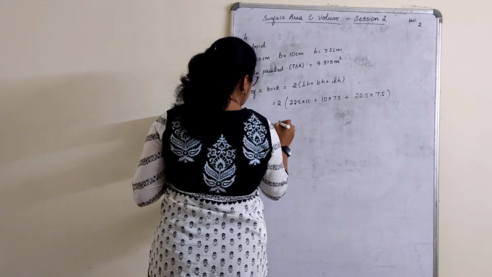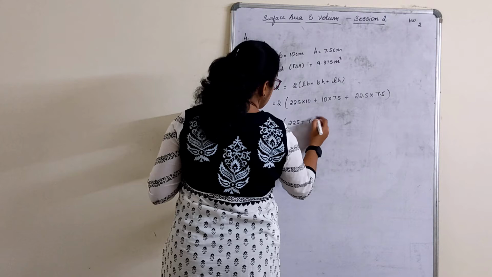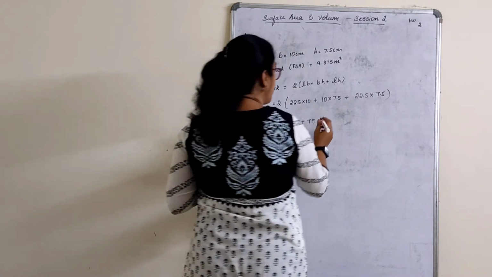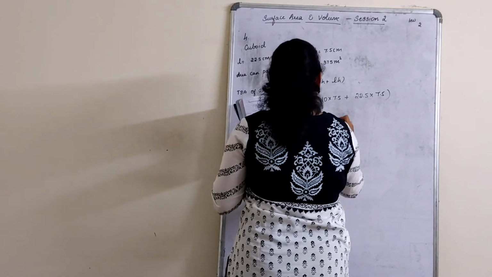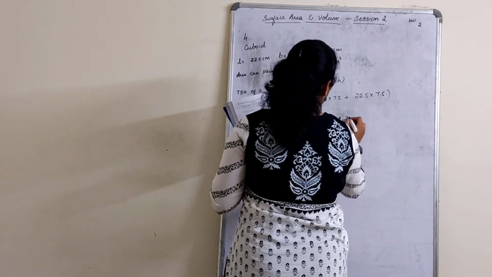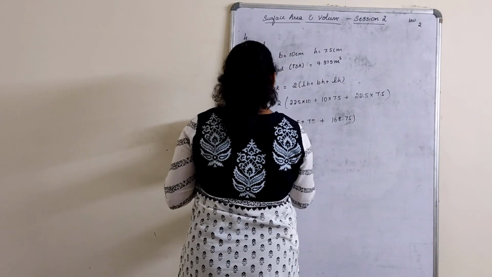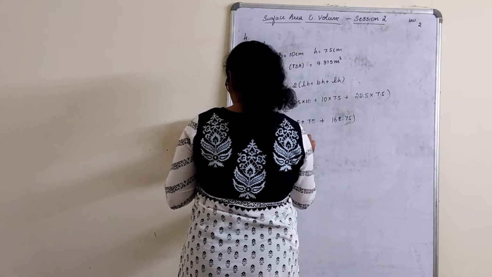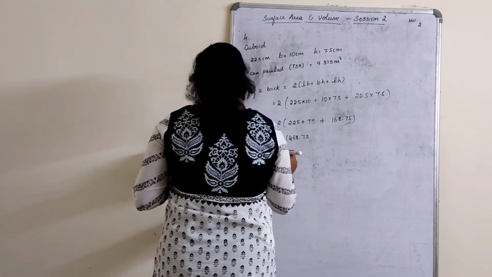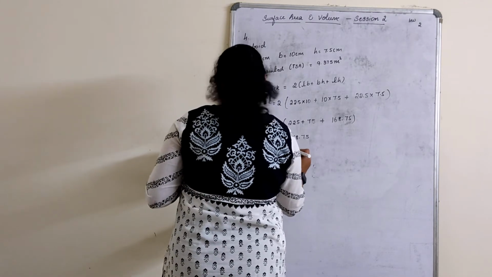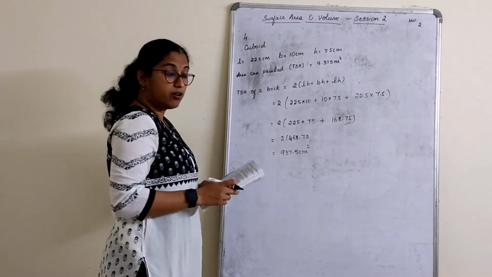Keep this 2 as it is here. So this is 225 plus this is 75. 22.5 into this 0.5 would be 168.75. Add everything, you will get that as 468.75. Answer is 937.5 centimeter square.